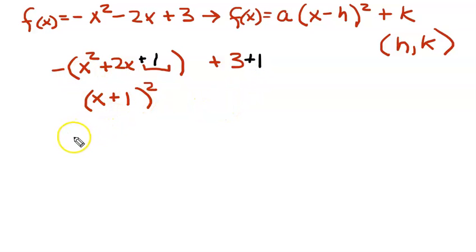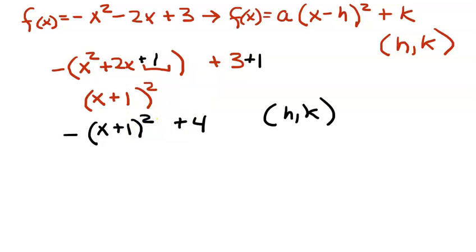So what do I have now? Well, I have a negative x plus 1, the quantity squared, plus 4. And I don't know if you can see it or not, but now this is in the vertex form of the quadratic equation.